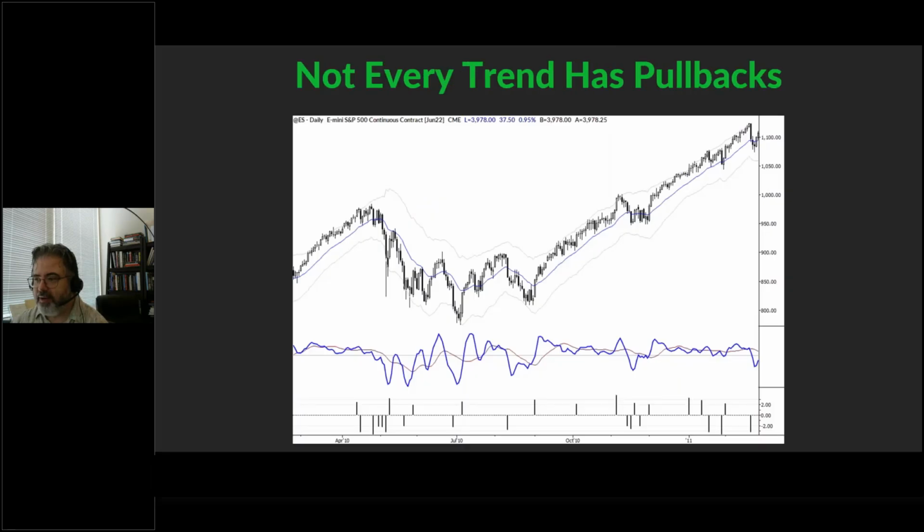One other thing I want to wrap up with is that nothing works all the time, and you will have sustained periods in markets where you don't have pullbacks, or where you don't have tradable pullbacks. That certainly happens, and here's where you really get in trouble.